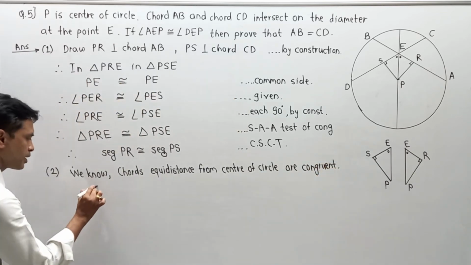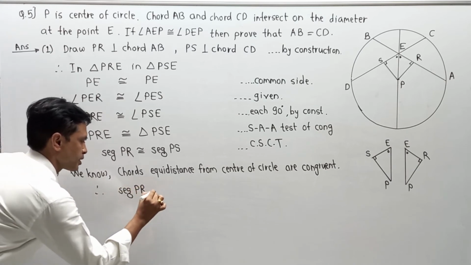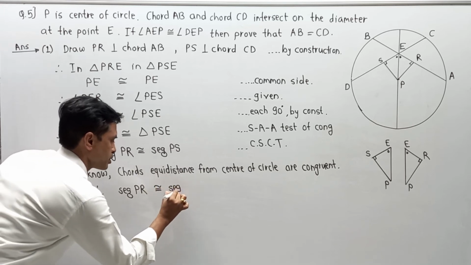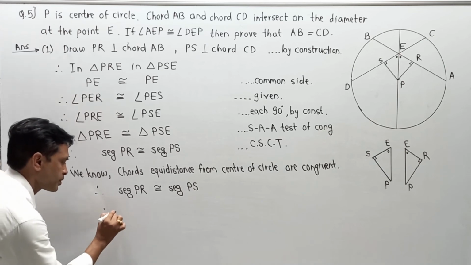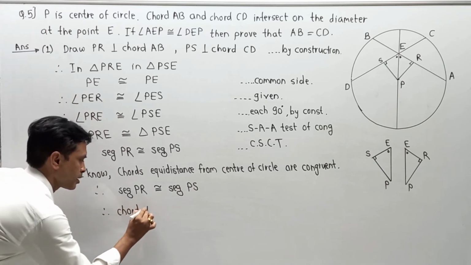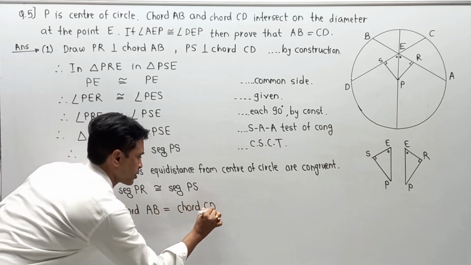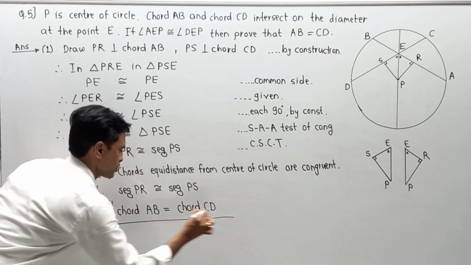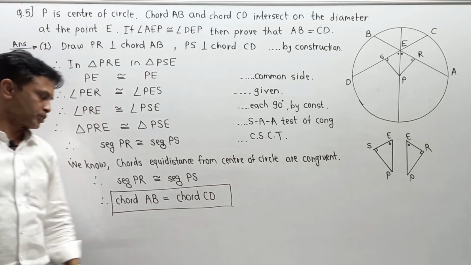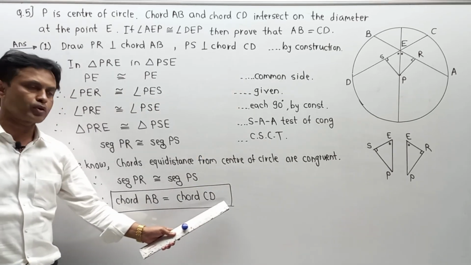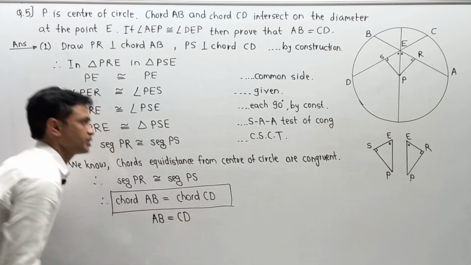Therefore, as segment PR is congruent to segment PS, naturally chord AB is equal to chord CD. This is our required proof, because we were asked to prove that AB equals CD. So we are able to get chord AB equal to chord CD.